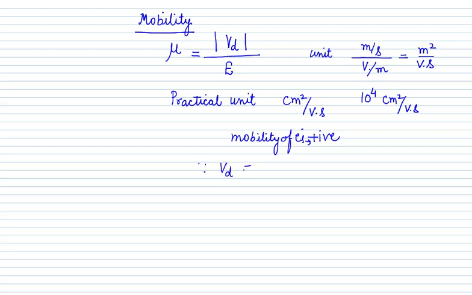So now we know the velocity of the moving electrons is called the drift velocity, and it has the magnitude of E upon m into tau.